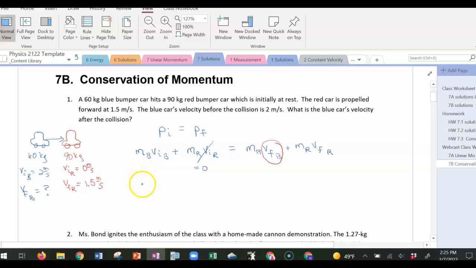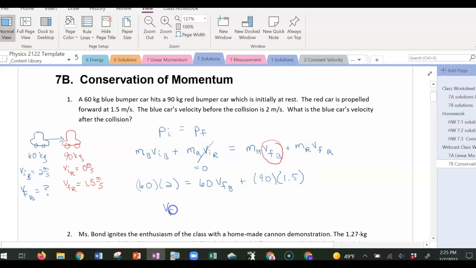So I have 60 kilograms times the 2 meters per second, that's the initial momentum on the left, and that's going to equal 60 kilograms times VFB plus 90 kilograms times 1.5.